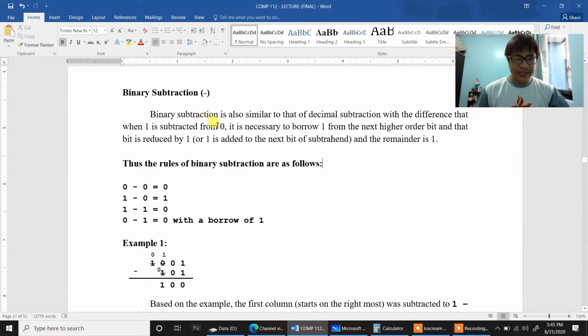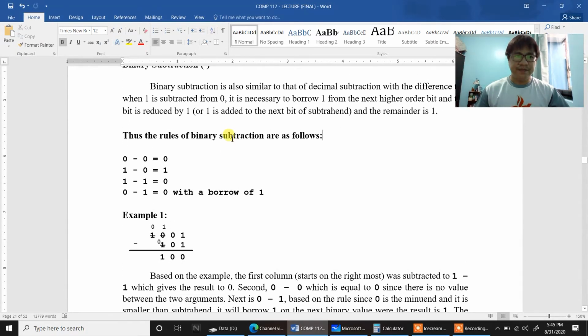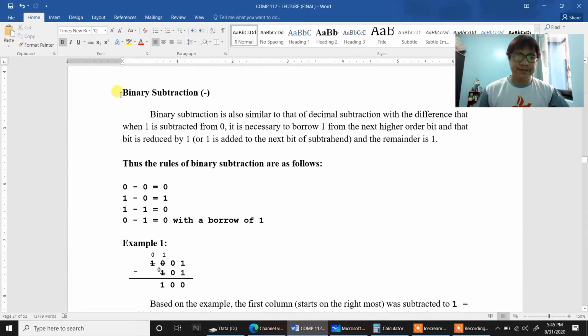To begin with, we need to follow a certain rule to process the subtraction using binary. For the binary rule, 0 minus 0 is 0. Then 1 minus 0 is 1. 1 minus 1 is 0.